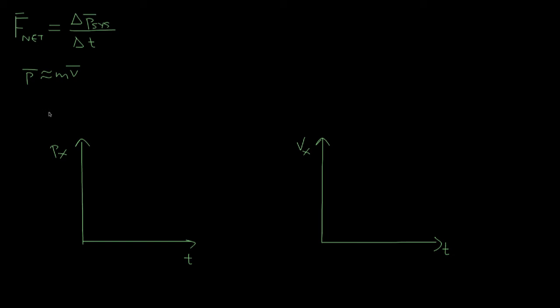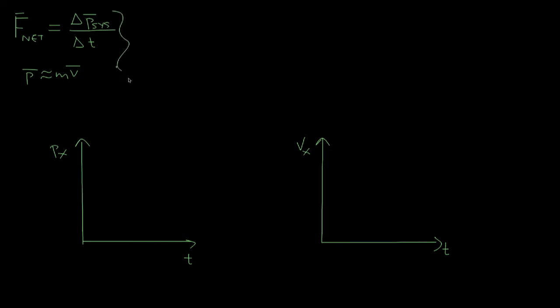In this video, I will discuss how you can use Newton's second law and work with graphs. So we know Newton's second law says the net force is equal to the rate of change of momentum with respect to time, and we know that momentum for relatively small speeds is mass times velocity.